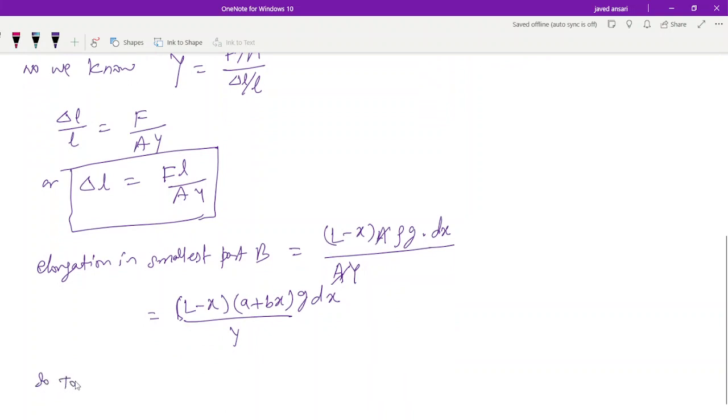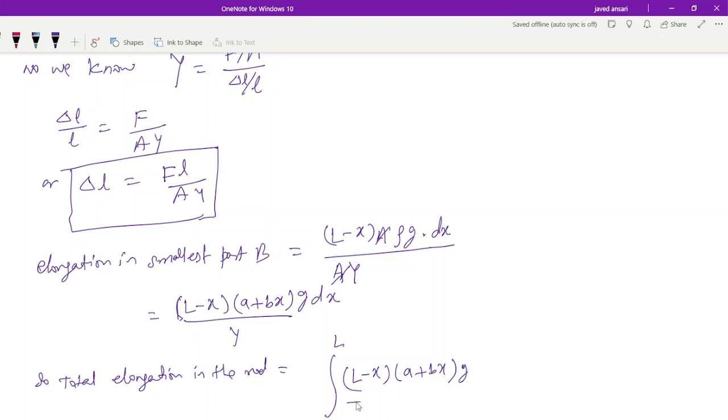So total elongation in the rod will be, integrate from 0 to L, L minus x into A plus bx into g divided by y and dx.